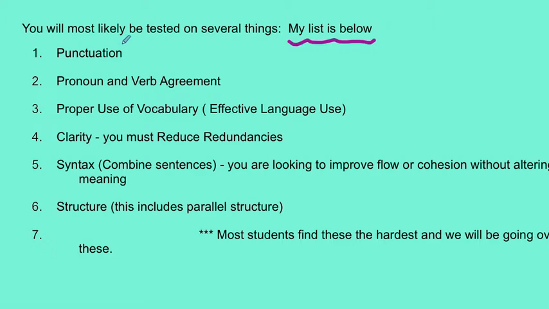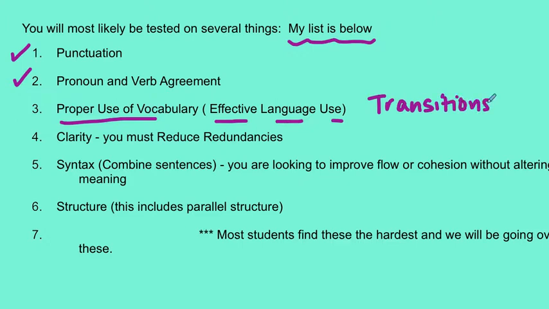But what I find the patterns are that you're going to be tested on punctuation, absolutely. You're going to be tested on pronoun and verb agreement. You're going to be tested on the proper use of vocabulary, and I call that effective language use. And I'm really talking here about transition words and words that sometimes kids mess up. Clarity.